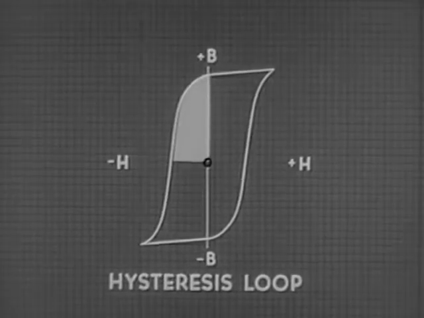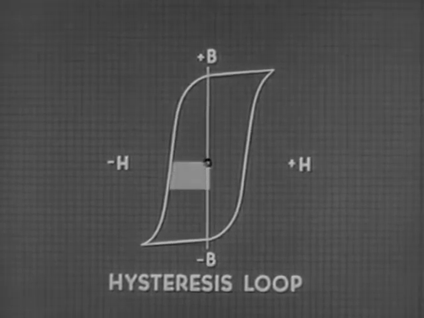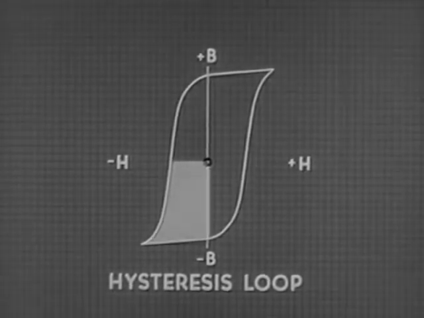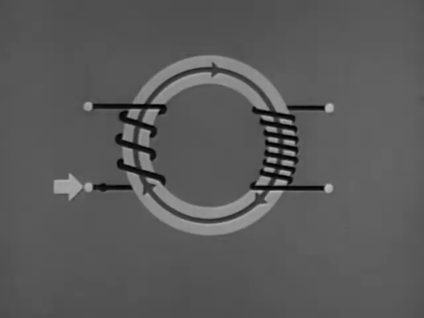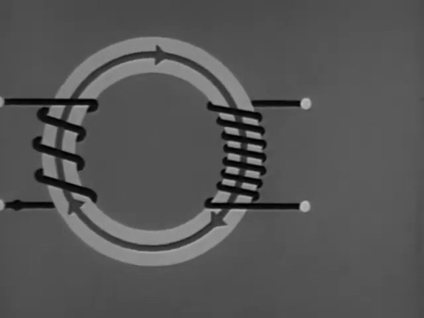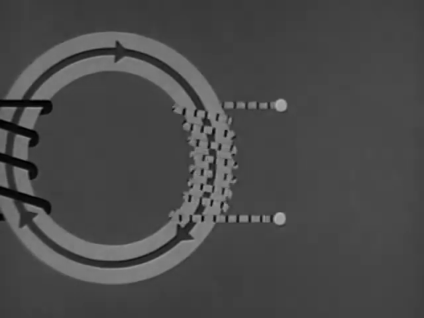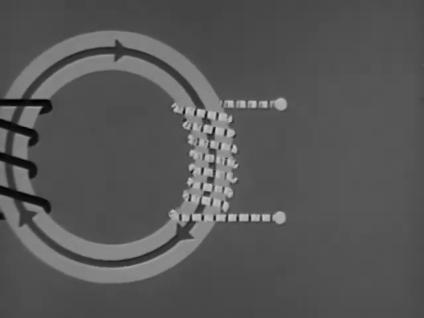If we diagrammed it, we'd see the positive residual field collapse entirely and a negative field build up to saturation. Anytime a magnetic field builds up or collapses across a conductor like this winding, the movement of the lines of force induces a voltage in the winding, and current flows.